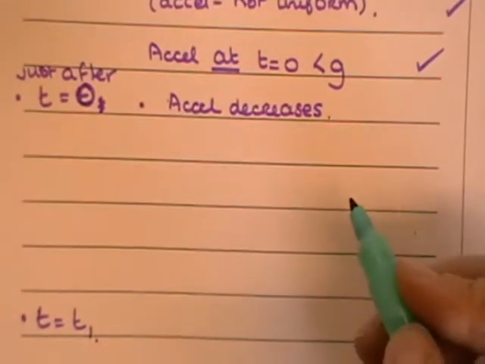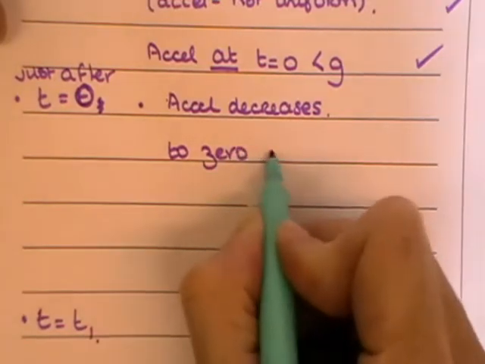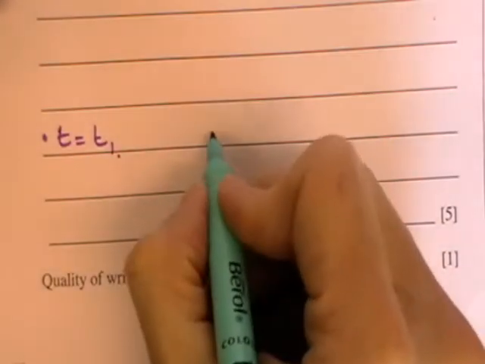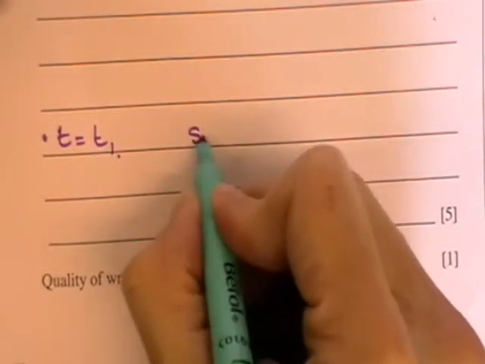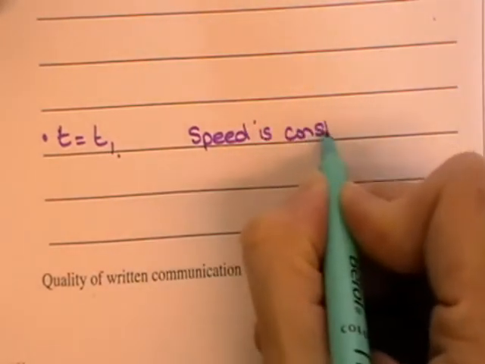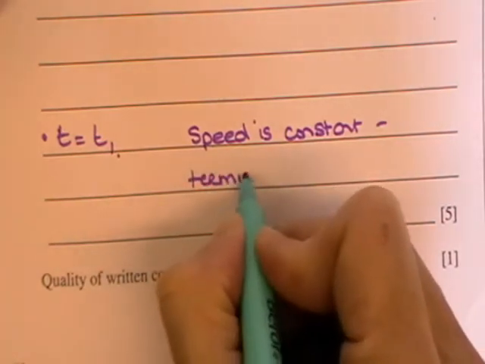And therefore acceleration decreases and eventually ends up at 0 at t1. And then the last part, from t1 onwards, the speed is constant. And I would write in there, the sphere has reached its terminal velocity.